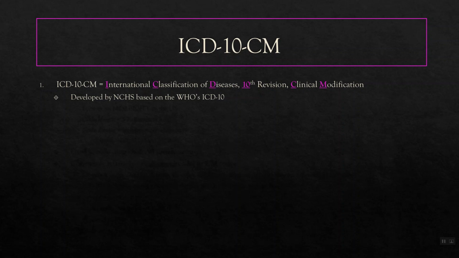So if you notice, ICD-10 belongs to the WHO. ICD-10-CM belongs to NCHS and is used in the United States. So the code set ICD-10-CM is only used in the United States, but it's based on the ICD-10 code set developed by the WHO.